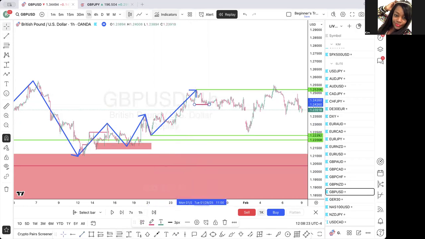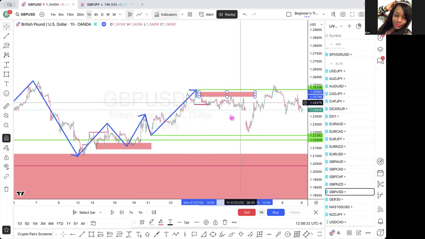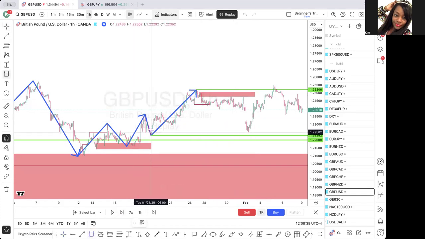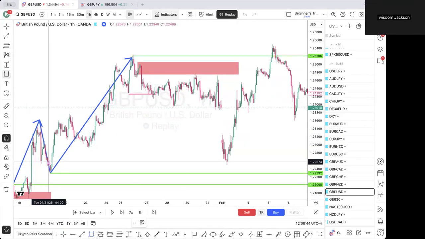There was a supply zone here that price tapped into, but you had a demand zone right here that price sold back to. Do you see that? Yeah.